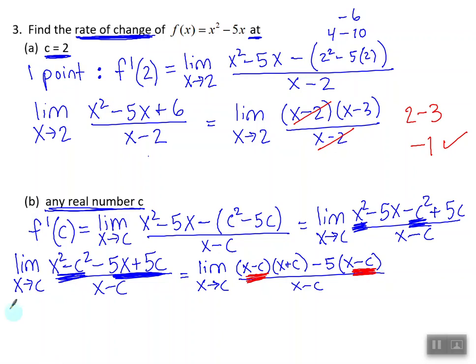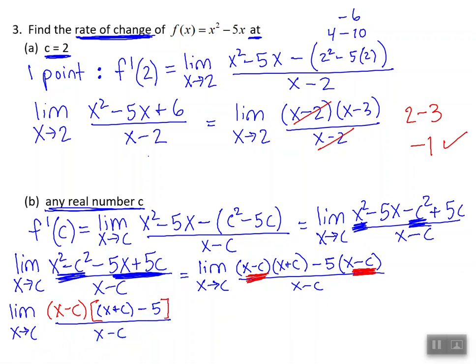So I'm going to rewrite the limit as x approaches c, taking out that common factor of x minus c leaves me with this factor, x plus c, and this factor of negative 5, over the denominator x minus c.